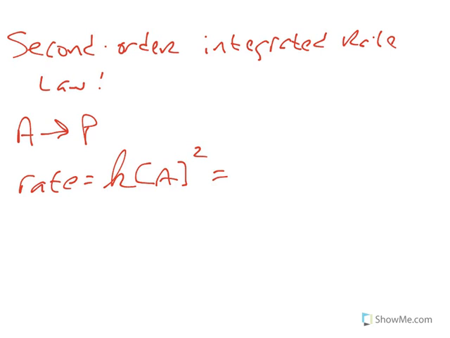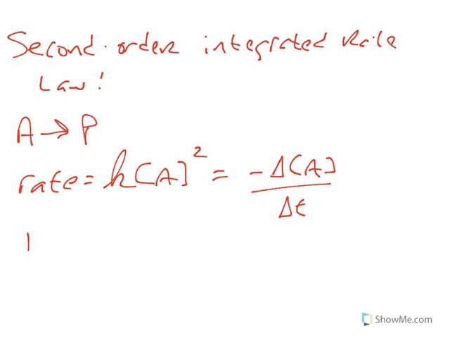We also know that any rate is measured in the consumption of A per unit time, so that's negative dA over dt.